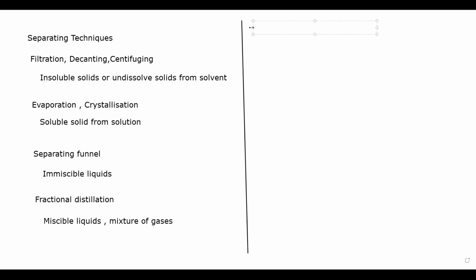I want participation from everyone, so you can use the chat to state the answer for this activity. Purification or separation, that's the same thing.